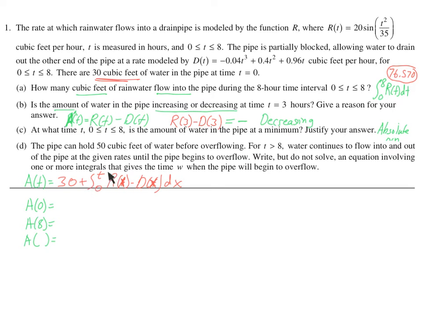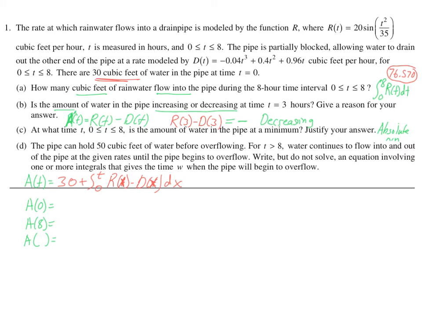If I take the derivative of this, will I get this? What's the derivative of 30? Gone. And the derivative of this, doesn't the t just jump in and create this function? So there's my amount function.